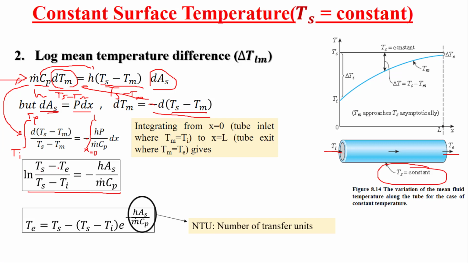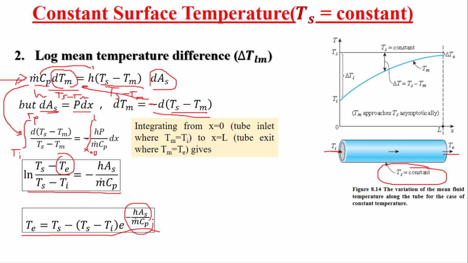If you need to calculate T exit alone, take the exponential for both sides, and you will end up with this equation. T exit is equal to T surface minus (T surface minus T inlet) multiplied by exponential to the power minus h A_s over m dot Cp.